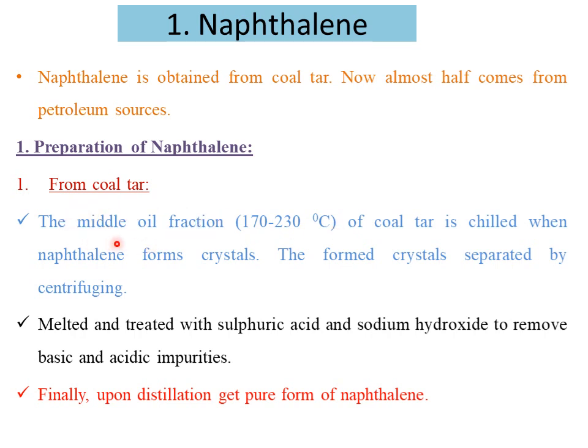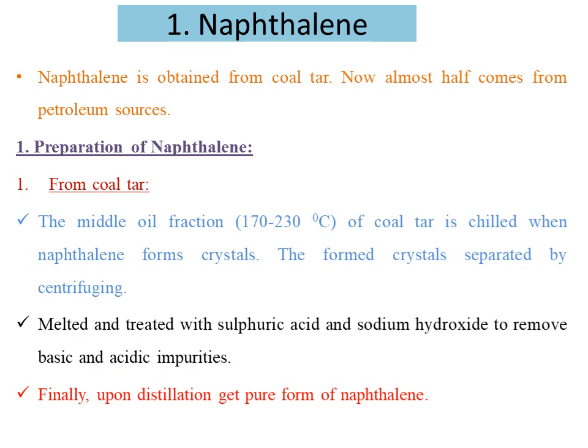Take this middle oil fraction and chill it in a refrigerator to get crystals. The formed crystals can be separated by centrifugation. Collect those crystals, melt them, and finally treat with sulfuric acid and sodium hydroxide to remove both acidic and basic impurities.